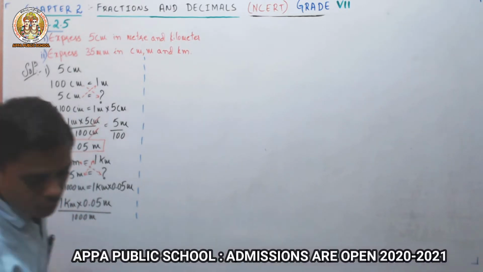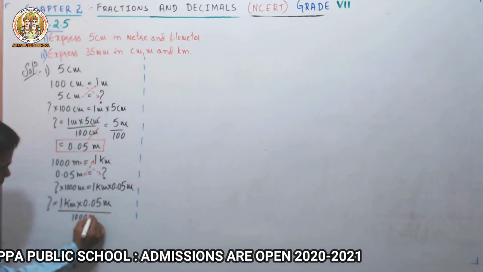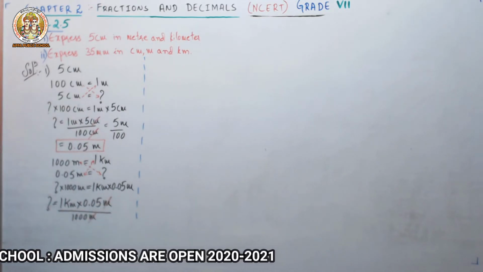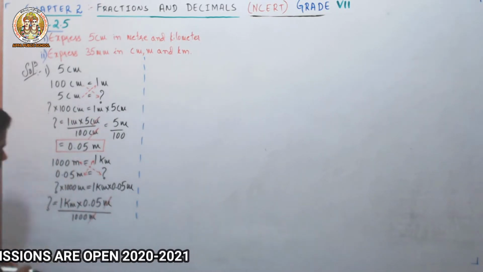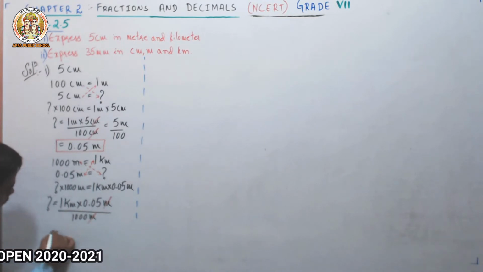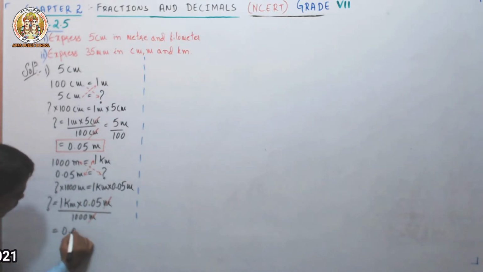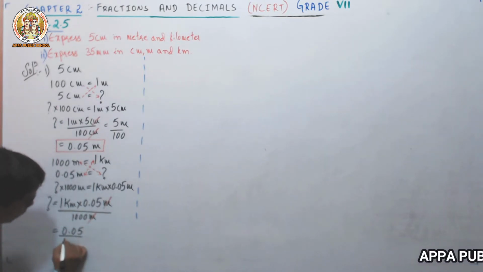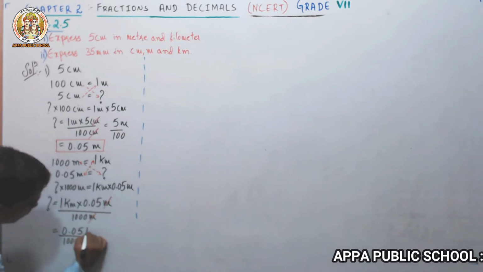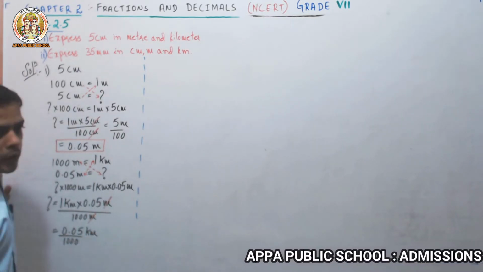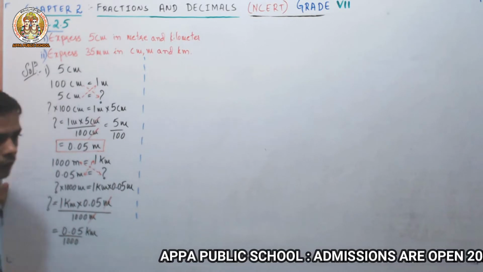Shall I cancel the meter and meter units? Yes, I will cancel them. What remains is 0.05 divided by 1000 kilometer.